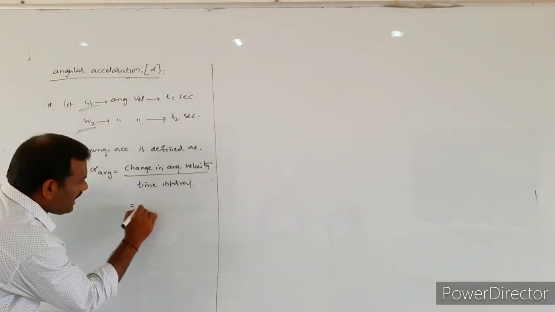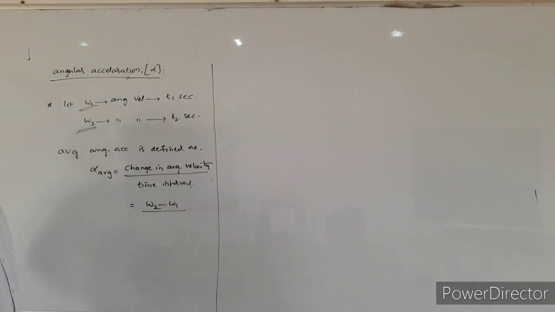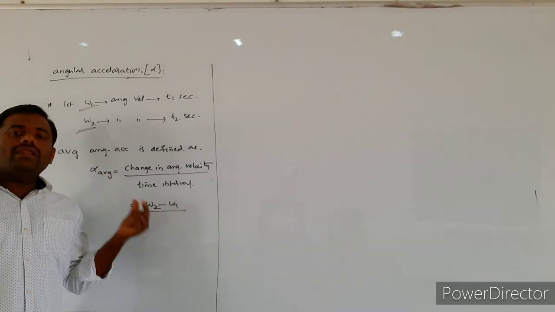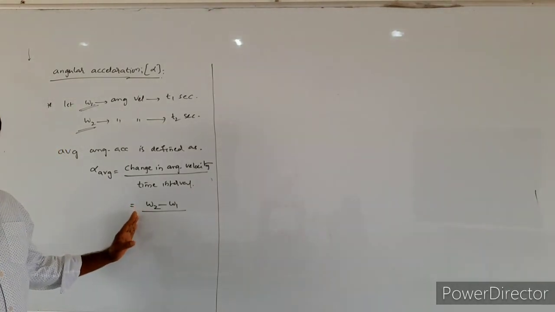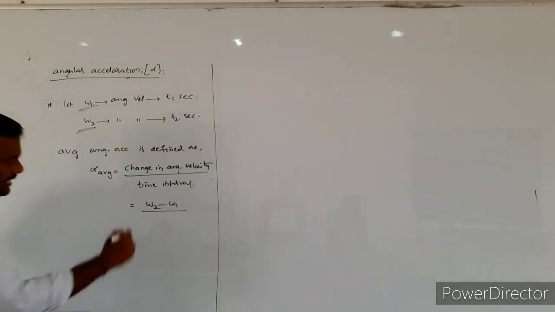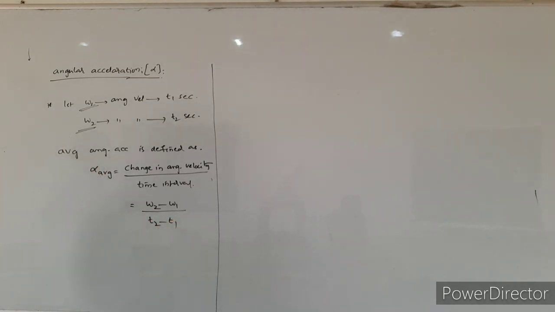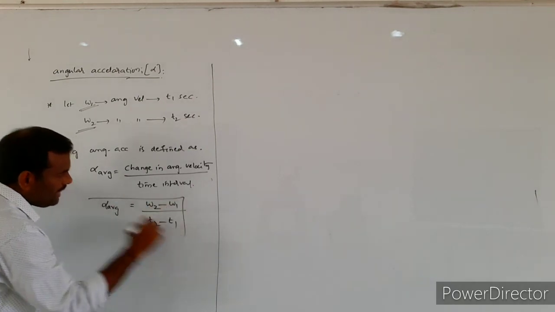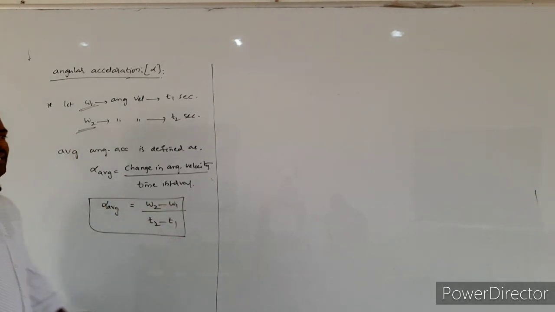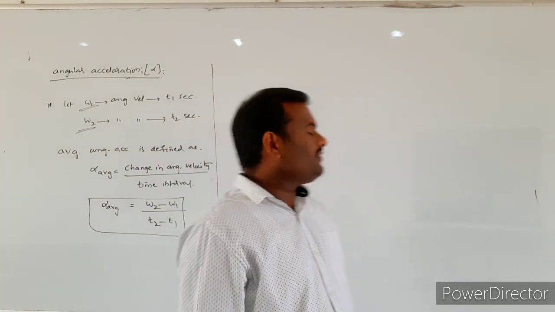Then change in angular velocity is equal to final angular velocity minus initial angular velocity, by time interval, which is equal to what? t2 minus t1. So this is the formula for what? Average angular acceleration.